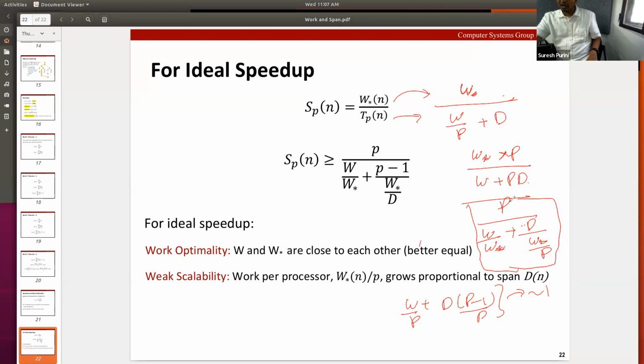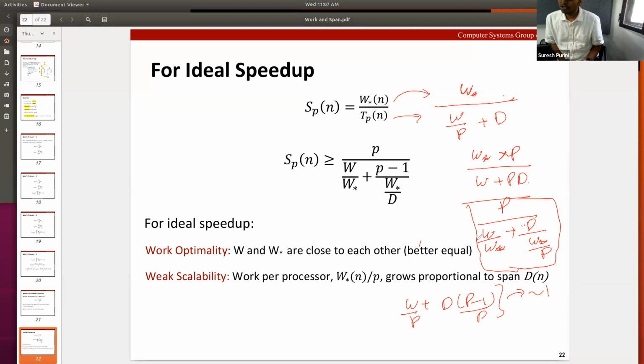So now, what is the goal? The goal here is, in order to get a perfect linear speed up, or close to linear speed up, we want the denominator to be close to 1, or it should be some constant.